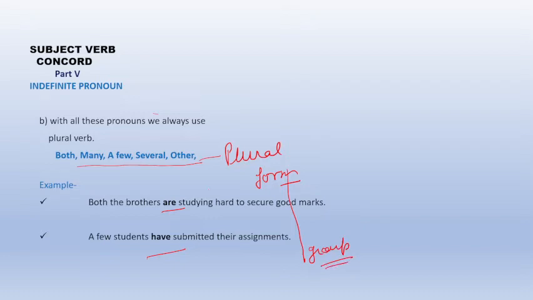When we say both, that means a group of two persons, many means a group of many persons, and a few, several, and others. So in this way we will place only a plural verb with these pronouns.